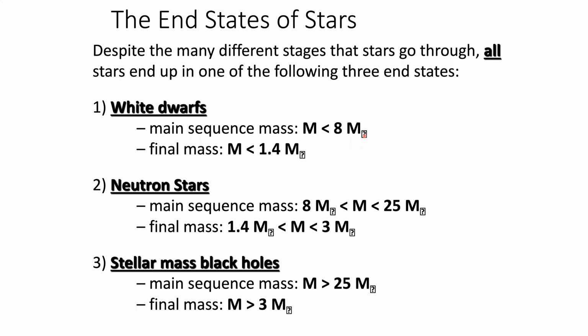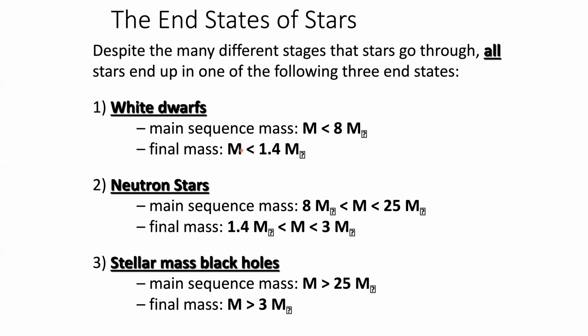For some reason that symbol doesn't appear here, I may make changes. This should be 8 solar masses. And the final mass will be less than 1.4 solar masses when they become a white dwarf. So that is the condition: when the star is on the main sequence, its mass should be less than 8 solar masses.